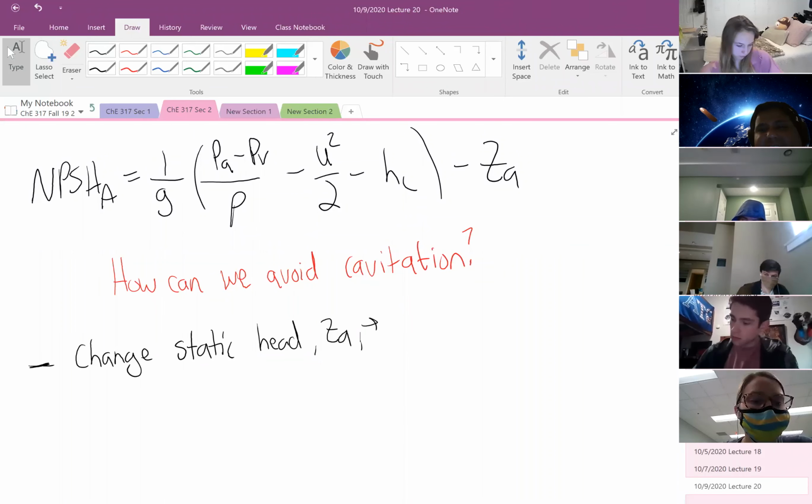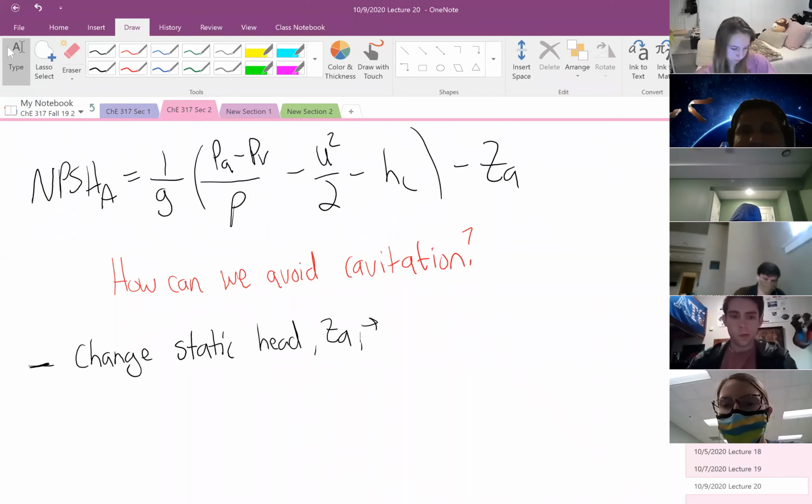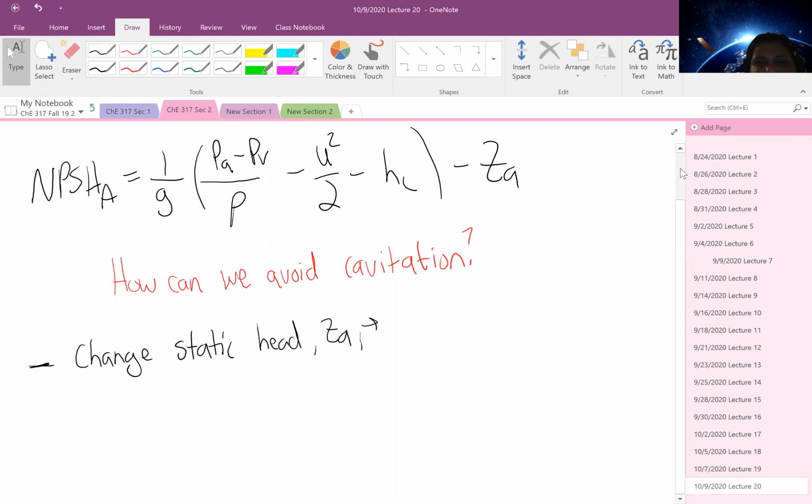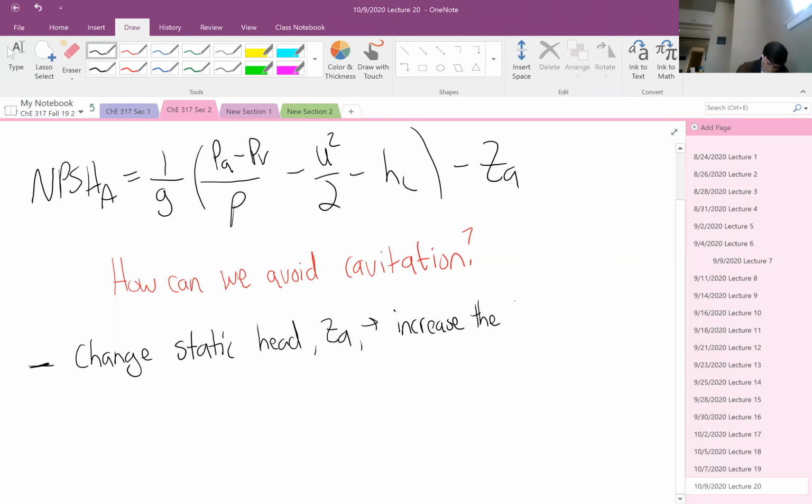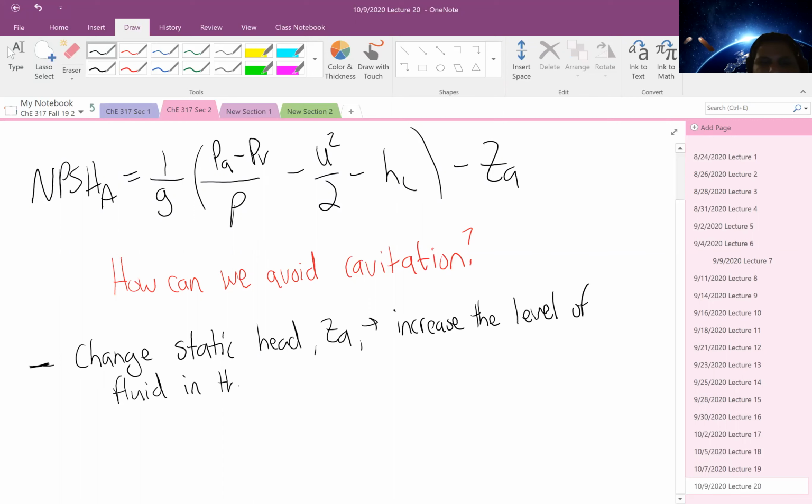There are some ways to do this better than others. Increase your tank level. Yeah, so you can increase the level of fluid in the tank. This would definitely be the simplest correction you can make in a process, because that's basically just changing your fluid level set point in your system, assuming a steady state.